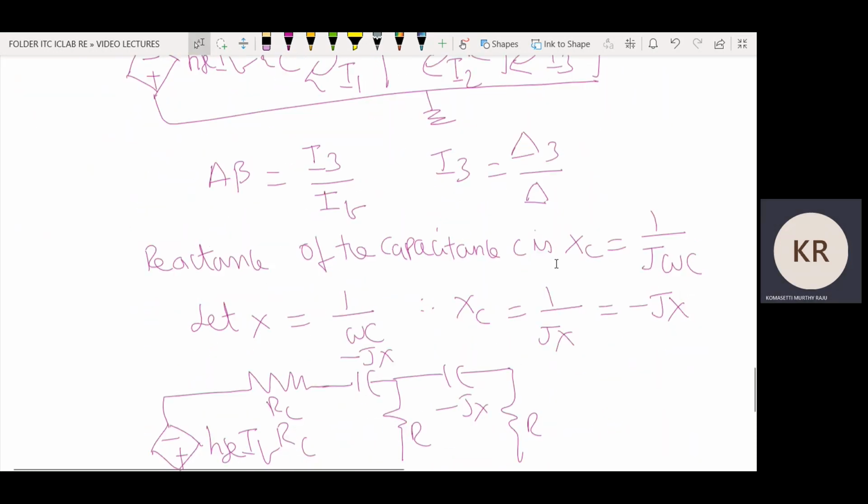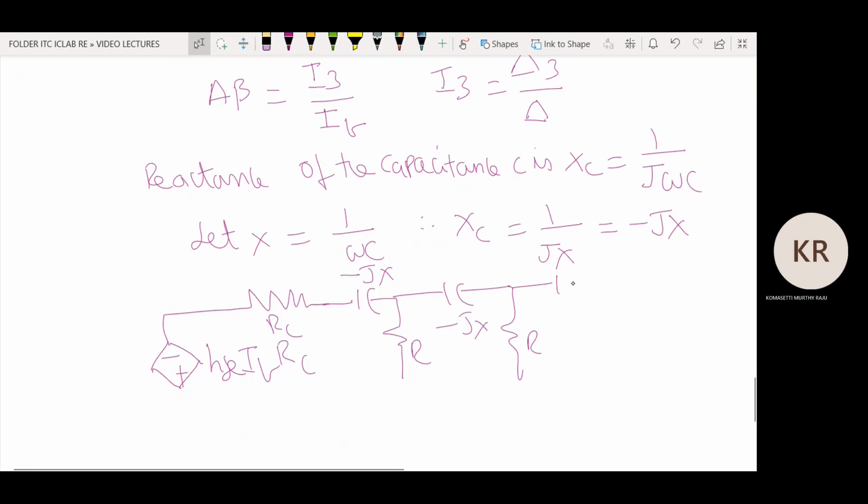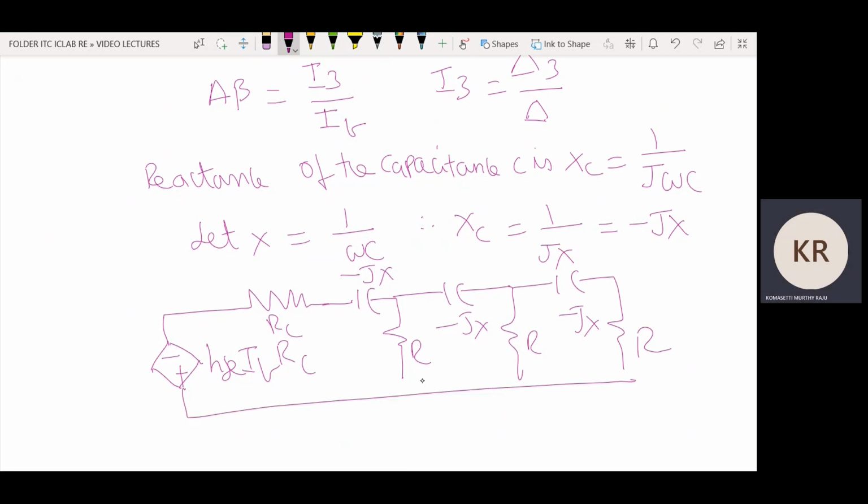This one is R. Finally minus jX, R. This one is like that.